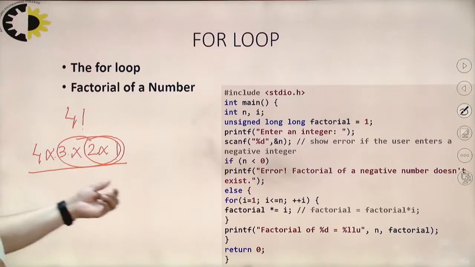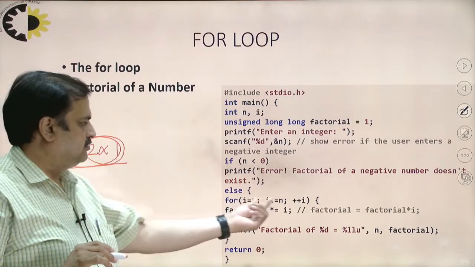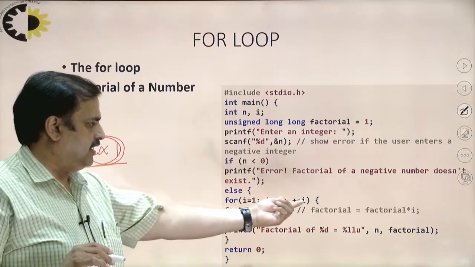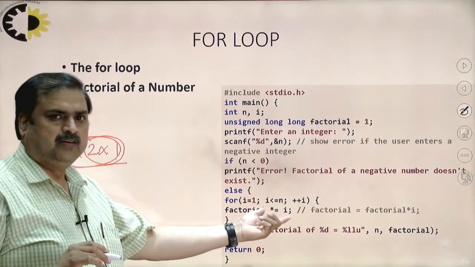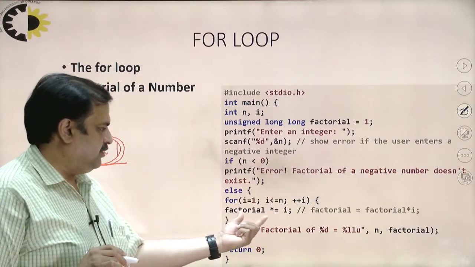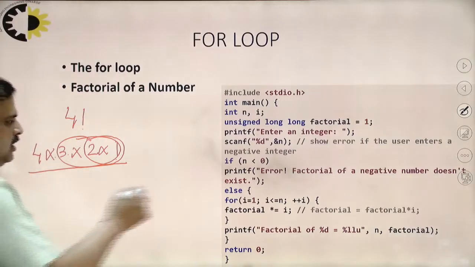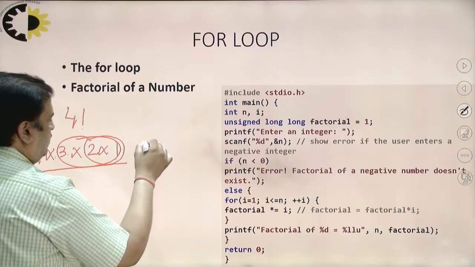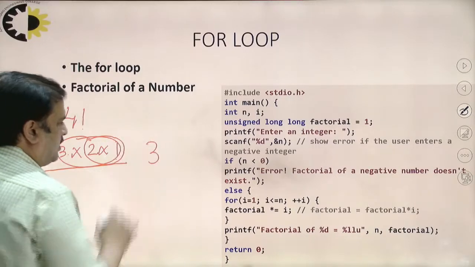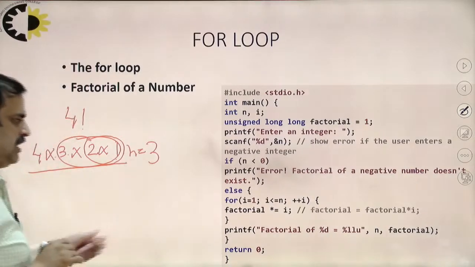So what we do, we will start a loop from 1 to less than or equal to n and increment, and we will calculate the factorial of a number. Here you can see what we are doing. For example, if I have taken n equal to 3, in this situation what will happen?